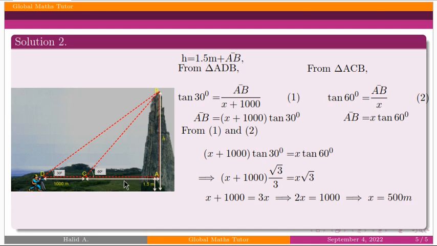If we have x, then AB can be found by substituting the value of x in place of this one or this one. From the second, simply 500 times tan 60 degrees. Tan 60 is root 3, so 500 times root 3 gives 866 point something.